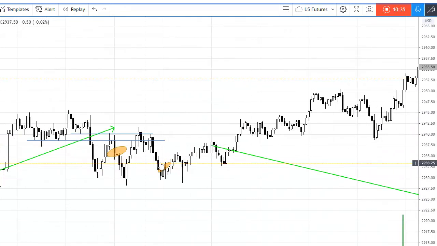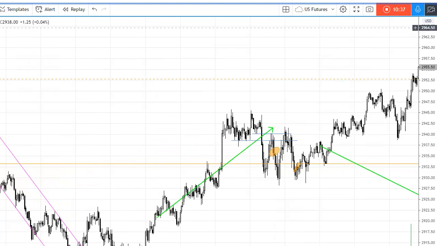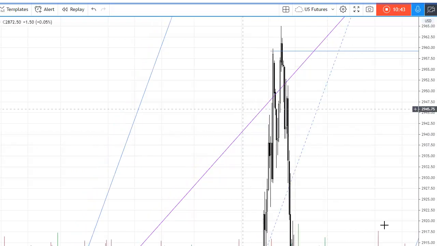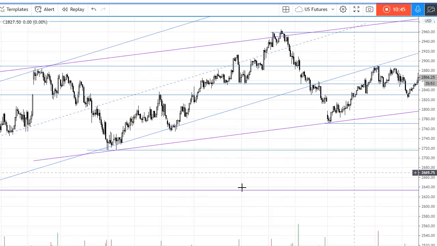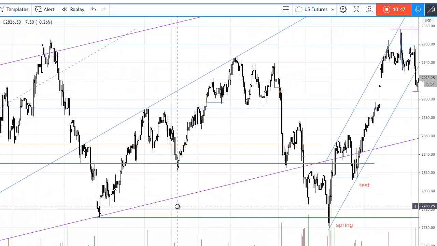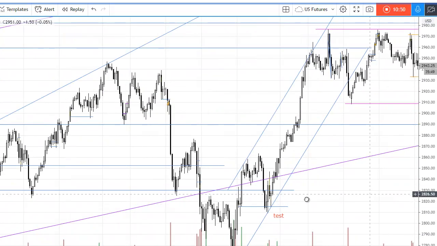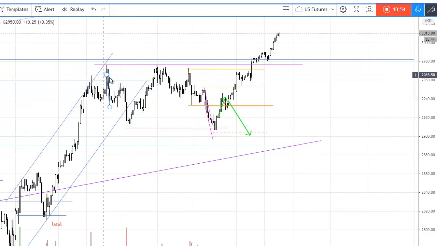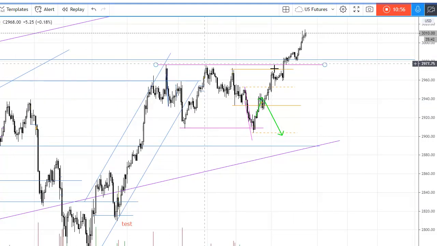And anyway, this is one of the important concepts that I would like to talk about, regarding the spring action. Prior to this spring action, my view was that this trading range is an absorption area.